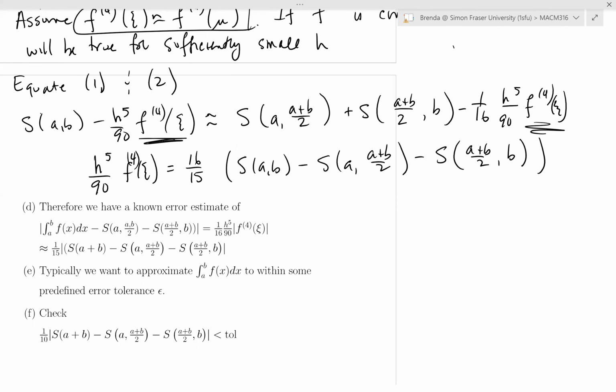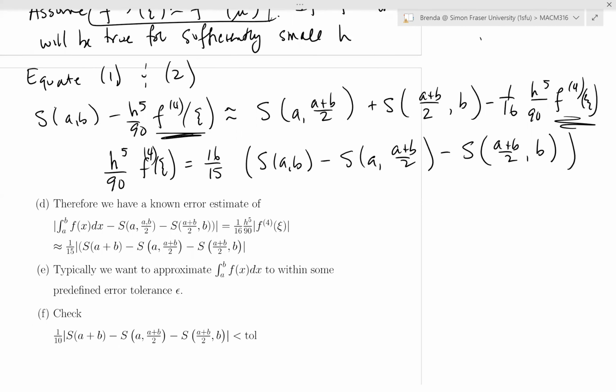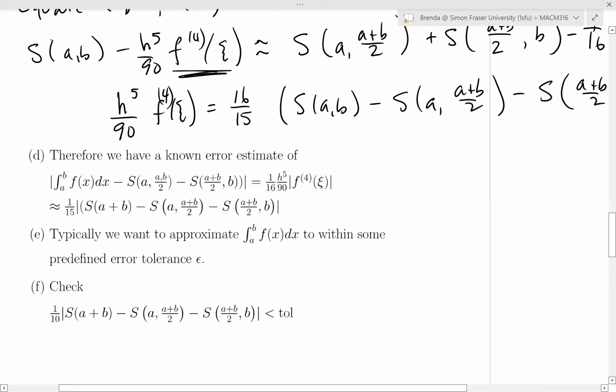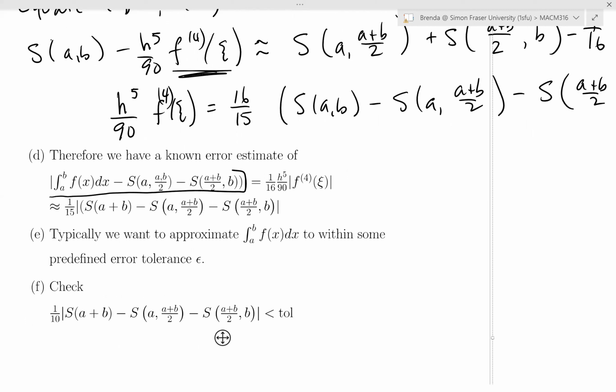Okay, so that allows us then to get a known error estimate for how badly our function differs. This is how badly our function differs from the Simpson estimate, and that can then be stated in terms of the Simpson estimates themselves.